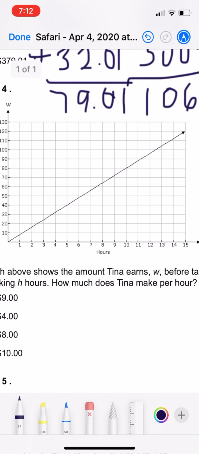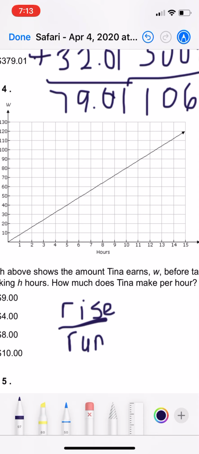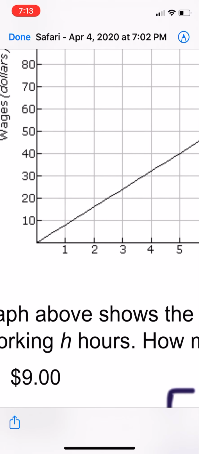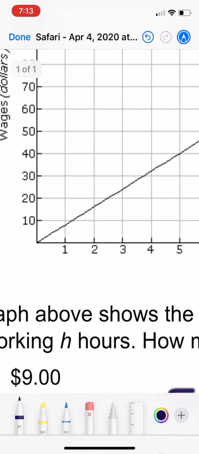Another way to think about slope is our rise, how high up or down the graph goes, over our run. If you pick 2 points on a graph, I'm going to zoom in here. I always pick perfect points, meaning it crosses exactly with the grid. It's easy for us to find our slope or our rate of change.